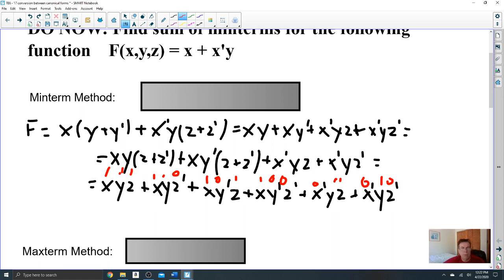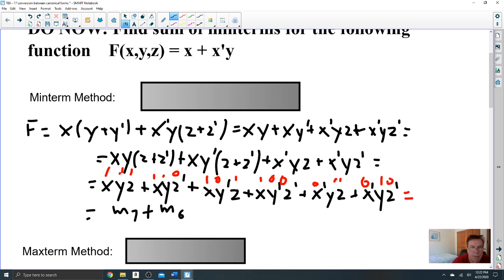You just have to remember that if the variable is unprimed, you put 1. So this xyz is 1, 1, 1. And guess what? In binary, 1, 1, 1 is 7. So that is minterm 7. Lowercase m denotes minterm. Plus xyz prime is 1, 1, 0, which in binary is 6.